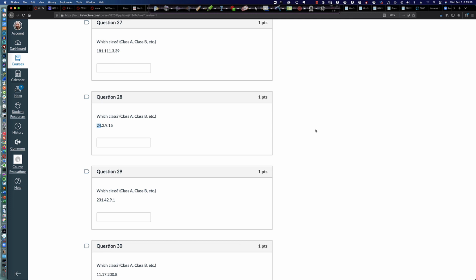And class D is our multicasting range, that 224.0.0.0 up to 239.255.255.255. That's for multicasting. Remember, we defined multicast, 1 to 1 or more, or 1 or many hosts. That's multicast, that class D.